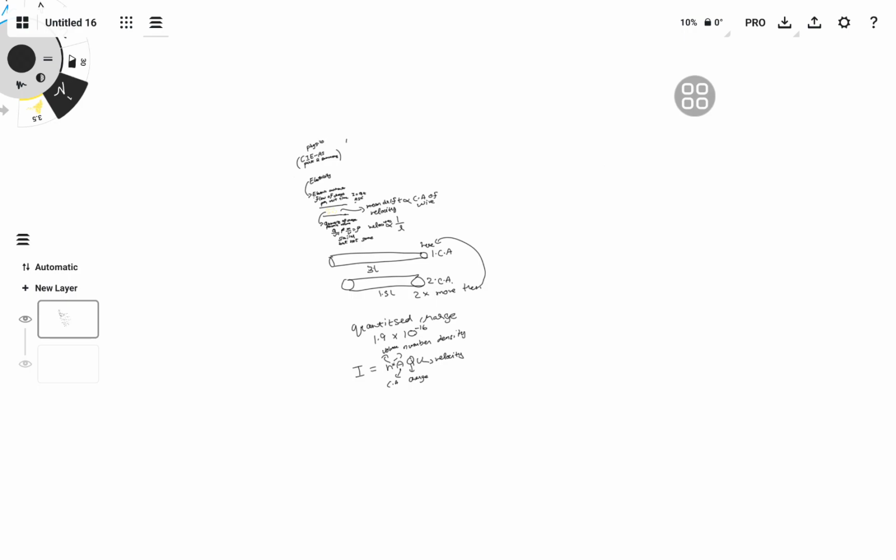Let's talk about resistance and potential difference. Potential difference is basically related to EMF. EMF is the chemical energy, for example, stored in a battery, which converts to electrical.